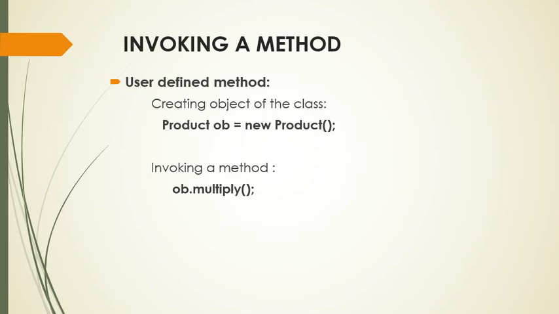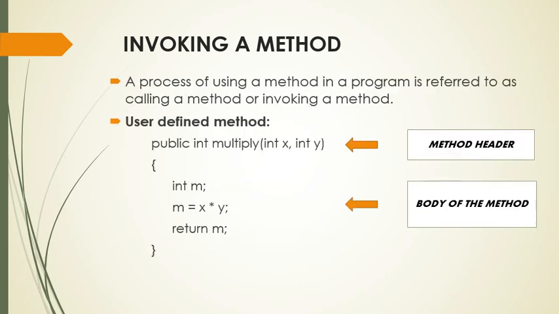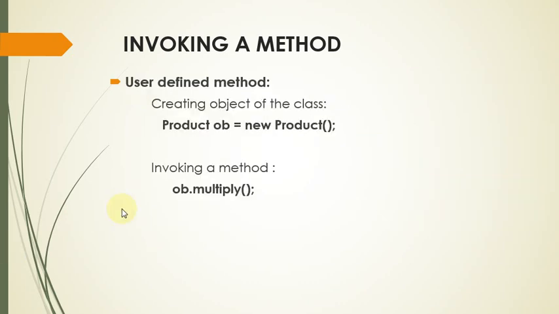If it's a static method, we can use the keyword static just before the name of the function. But since it's a non-static method, we have to create an object of the class. Say the class name is product, so we are creating the object of the class, say ob. It's the object of the class product, and we can invoke the method by using the object.